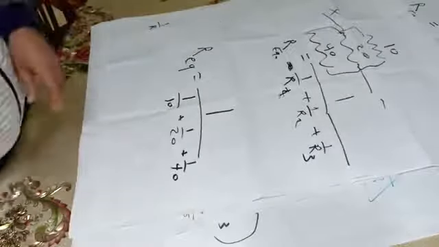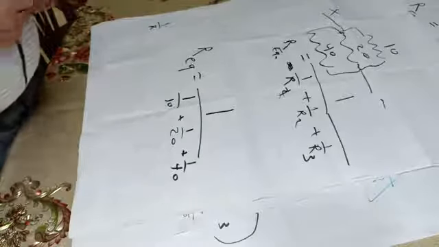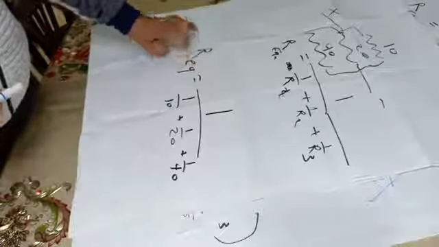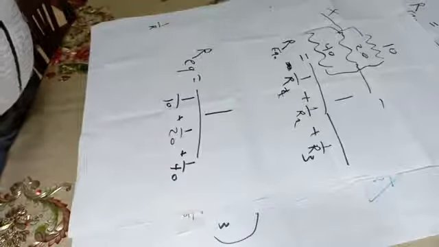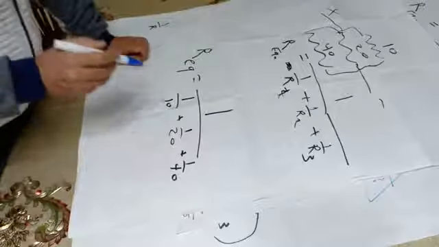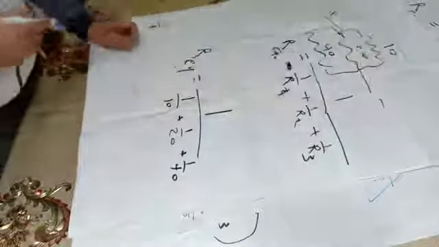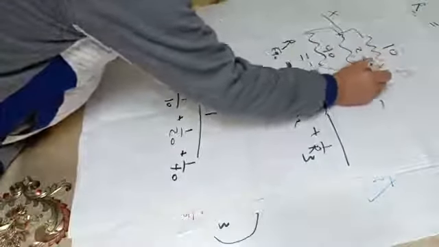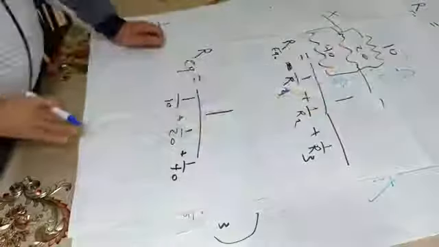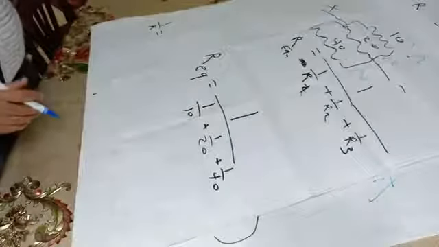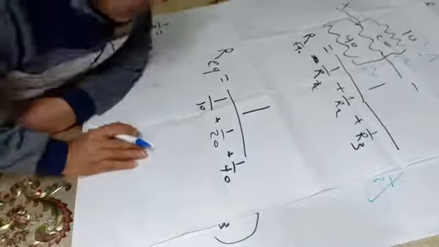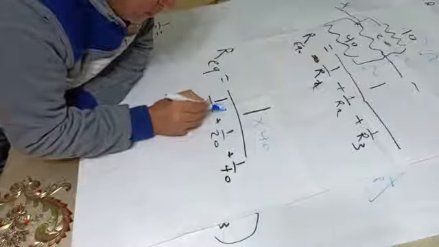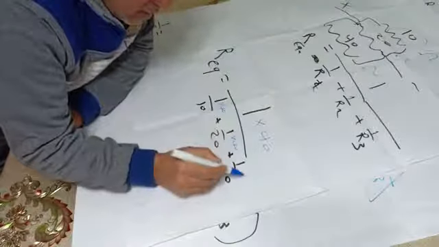The resultant equivalent resistance must be less than 10, less than the smallest one, 10 ohm. So we multiply by 40 over 40.